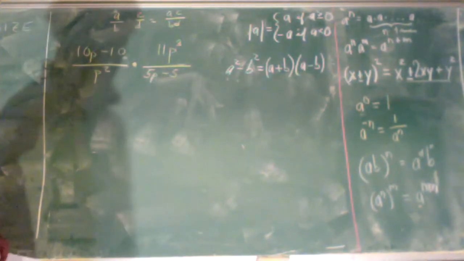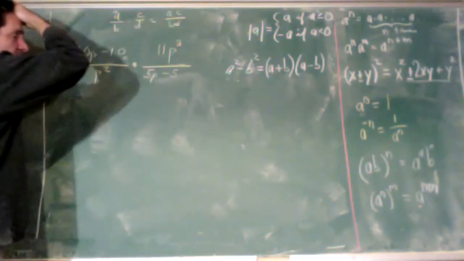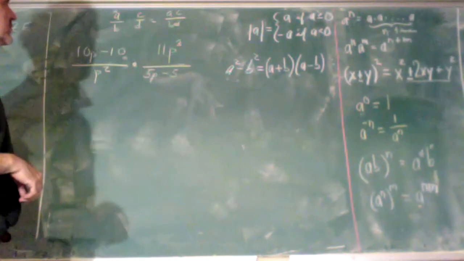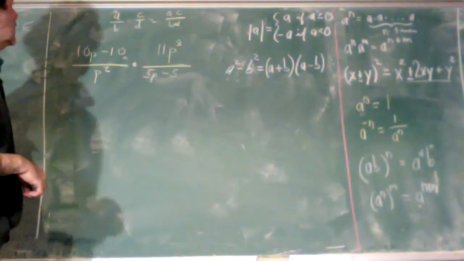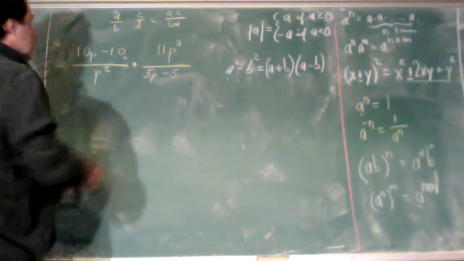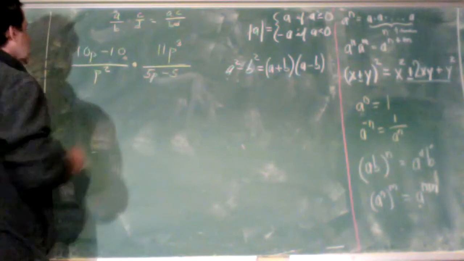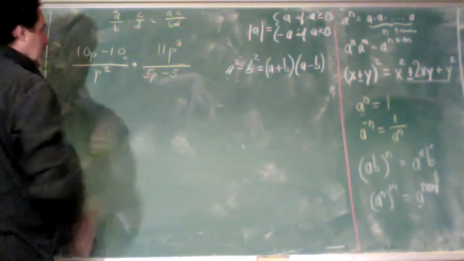And oftentimes what we want to do is to assess whether or not there are factors common among numerators and denominators. So what I propose is, let's see what factors.